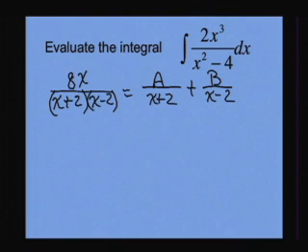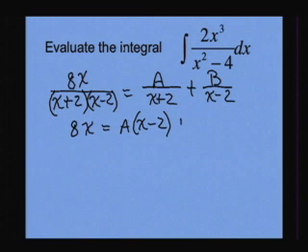And so then multiplying both sides by the common denominator gives me 8x equals a times x minus 2 plus b times x plus 2.